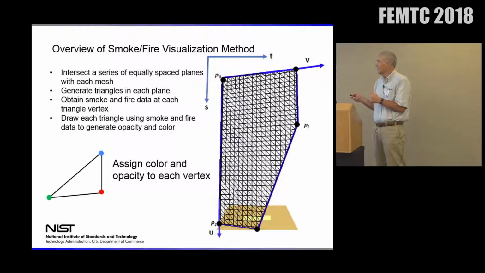So it gets back to wanting to minimize the number of triangles. For each of these triangles, we need to assign a color based upon either the temperature or the heat release rate, and an opacity based upon the soot density.